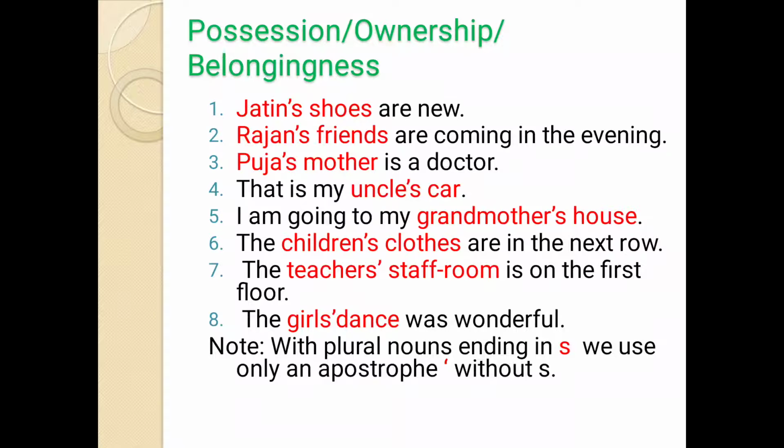Students, in sentence number 1 to 6, we have used apostrophe with S. But in the sentence number 7 and 8, we have just used only apostrophe, because in the plural nouns which end in S or ES, we use only apostrophe without S.